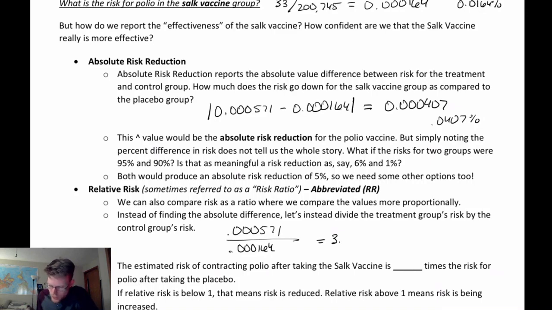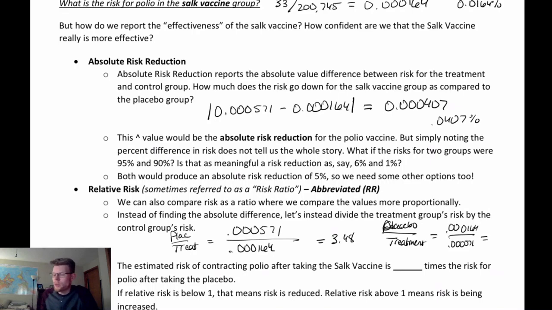So now there's a couple ways that I could do this. I did the placebo group on top and the treatment group on bottom. However, we're typically going to do it the other way, with the treatment group on top. So this is placebo over treatment, but we could also do treatment over placebo. And if I do that, I'm going to get 0.000164 over 0.000571.